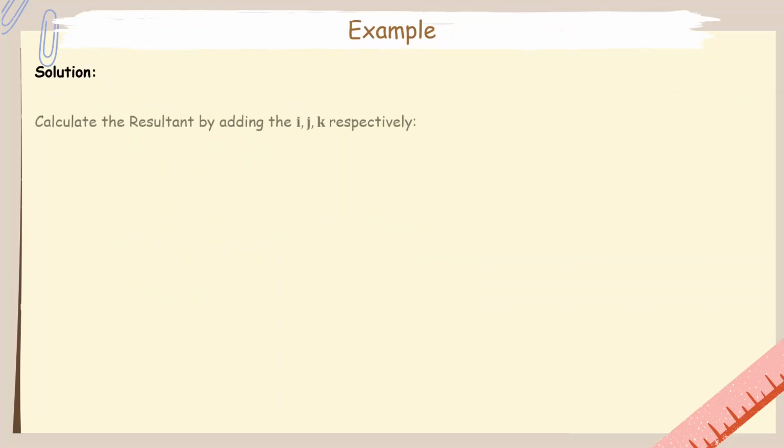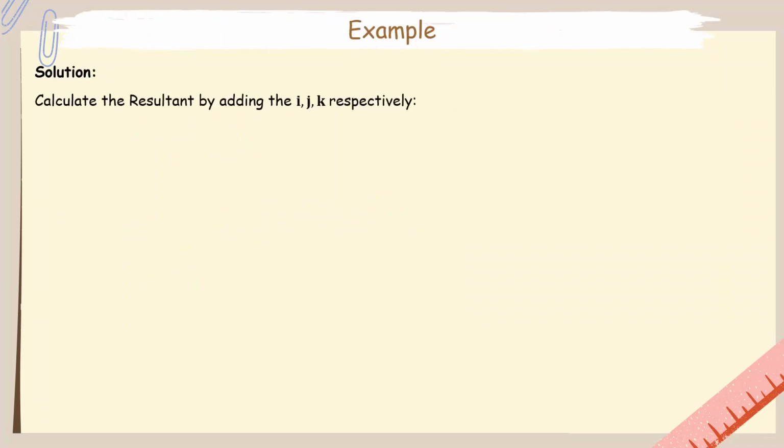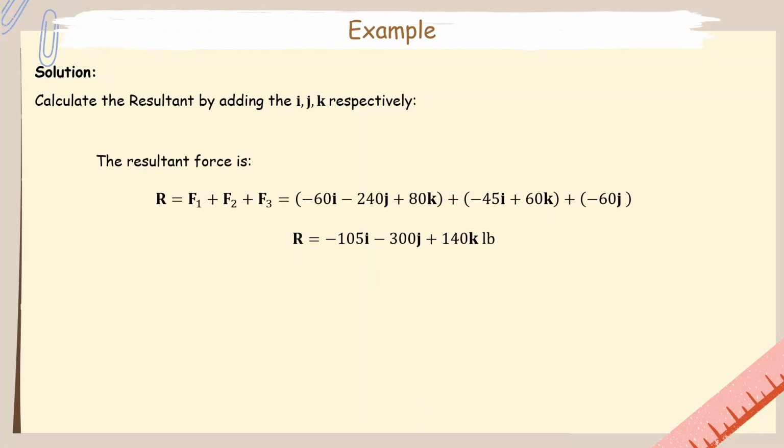Okay. Next step. Calculate the resultant by adding the I, J, K respectively. Diba? Ang first question is, what is the magnitude of the resultant of the three forces? So, meron naman tayong vector form nila. So, ang gawin na lang natin is, i-add na lang natin ang I, J, K respectively. Diba?